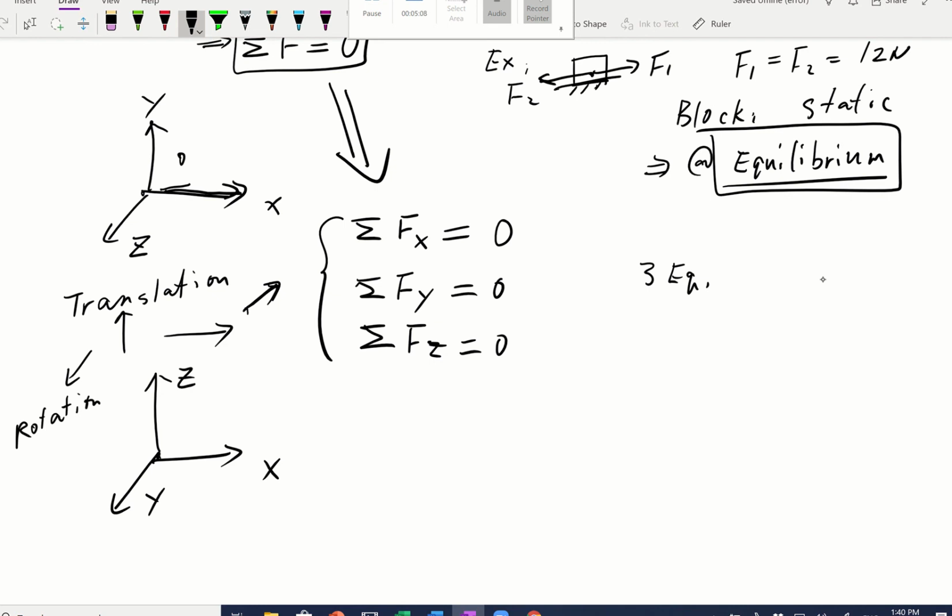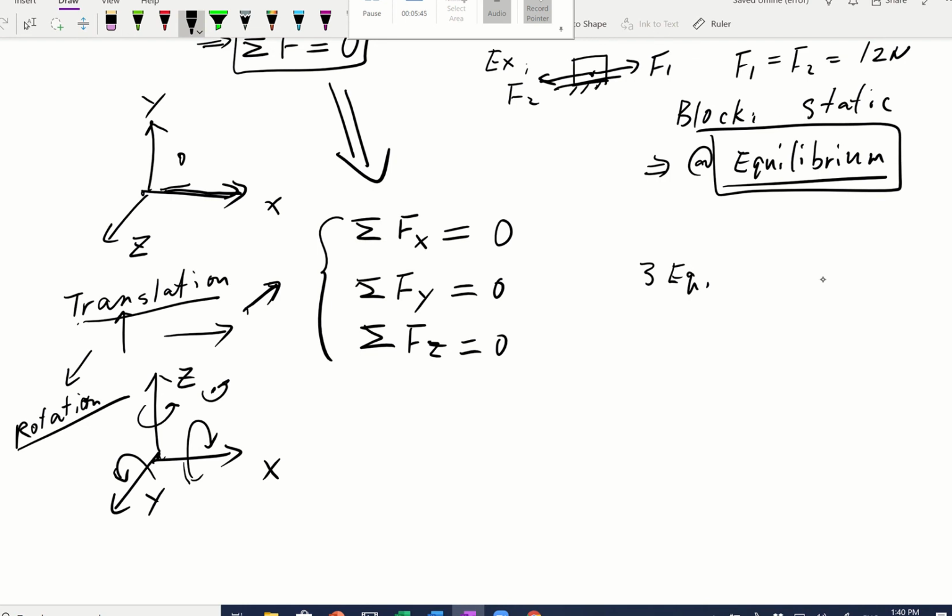In addition to translation, we're going to call it rotation. If it's rotation, for example, I have an object and that is spinning around this x-axis. So it's just spinning around it. Same thing, I might have something that's spinning around the y direction or something spinning around the z direction. Or it can be spinning around any axis in space. For example, something spinning around this axis. So in that situation, we're going to be talking about rotational movement.